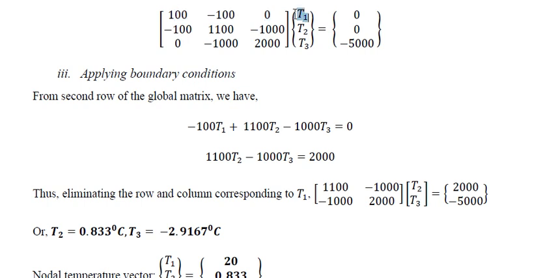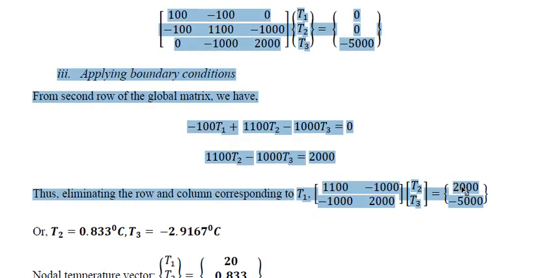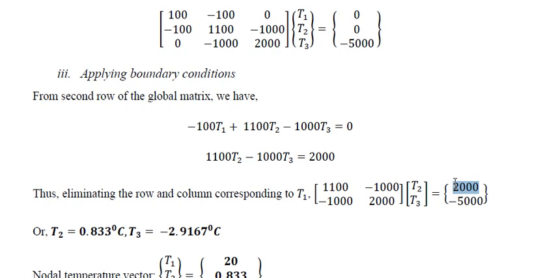Because T1 is known, I don't want that. I want only two rows, two equations, because there are two unknowns. I have to find only two temperatures, so we reduce to two equations. The first column and first row are deleted, the remaining terms are written, and that 0 is replaced by 2000.